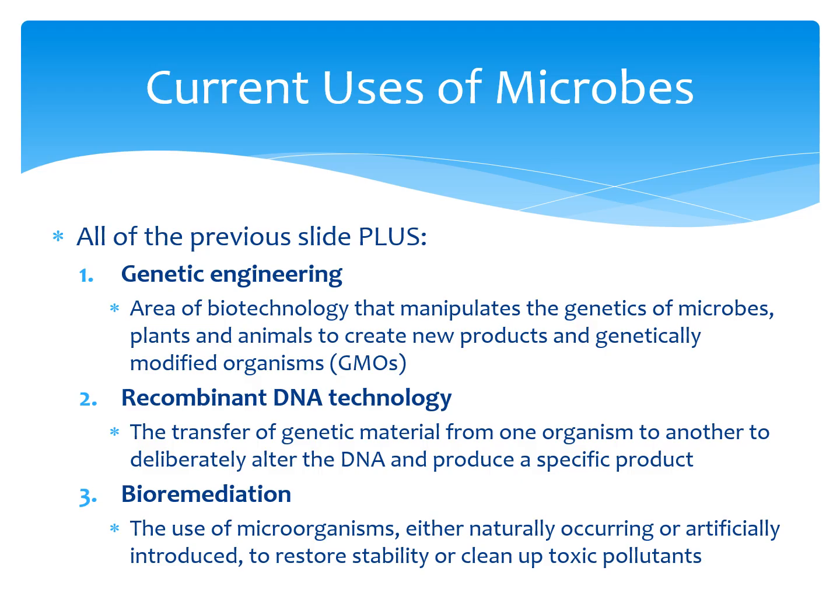So that is recombinant DNA technology, and we've stolen that kind of from bacteria as well. And then we have bioremediation. A good example of this, I told you we'd talk about it again, is oil spills.